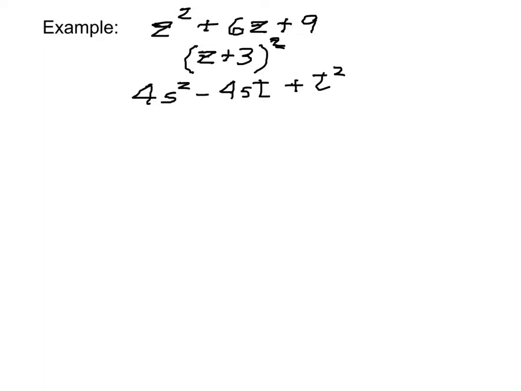This is actually, and I could rewrite this as 2s quantity squared minus 2 times 2s times t, by the way, those are s's and not 5s, plus t squared.